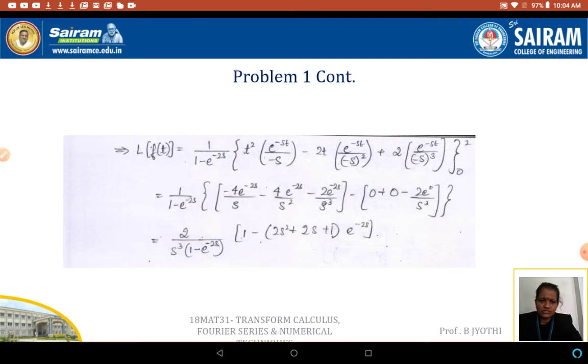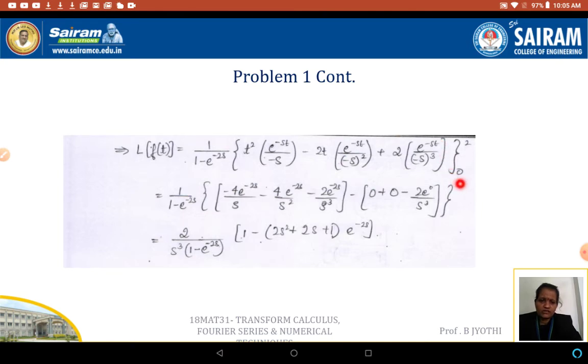When we substitute the upper limit 2, we get t square, that is 4, minus e power minus 2s by s; minus, because minus s the whole square will be positive, so the minus remains the same; and here t is substituted as 2, so it will be 4 e power minus 2s by s square, minus 2 e power minus 2s divided by s cube, because minus s the whole cube will become minus, therefore it will be minus 2 into this part. This is only the upper limit substituted for all three.